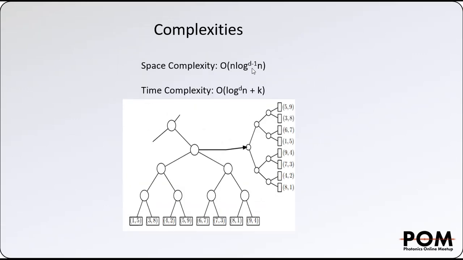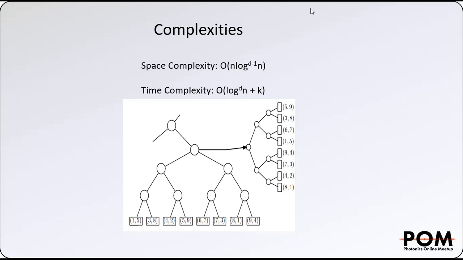As you can see, the space complexity is not so good because it is storing each value multiple times. If it's a 1D range tree, it is at least storing the value twice. If it's a 2D range tree, then it is storing values multiple times, because every node has a pointer to its subtrees.